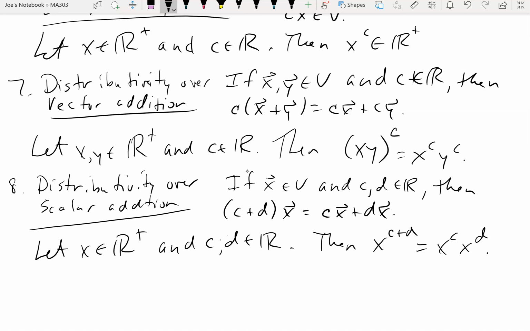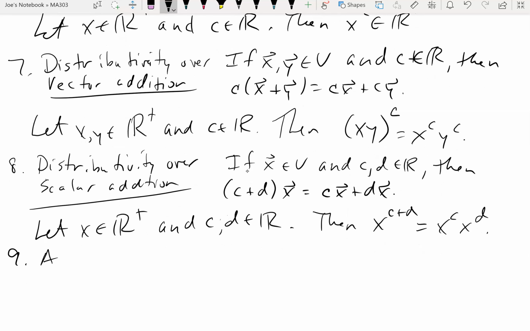So that's literally what we need for the context of this problem. This is an associativity property. It's not quite associativity because it's two different operations, but I still call it that.